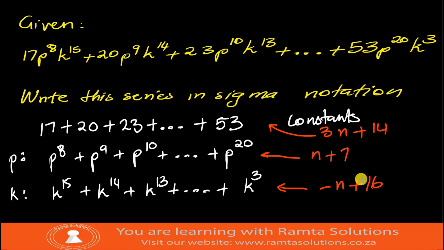So let's just prove that indeed we get this. And also, because the intention here is to write in sigma notation, we need to know where we start counting and where we end. Okay, perfect.